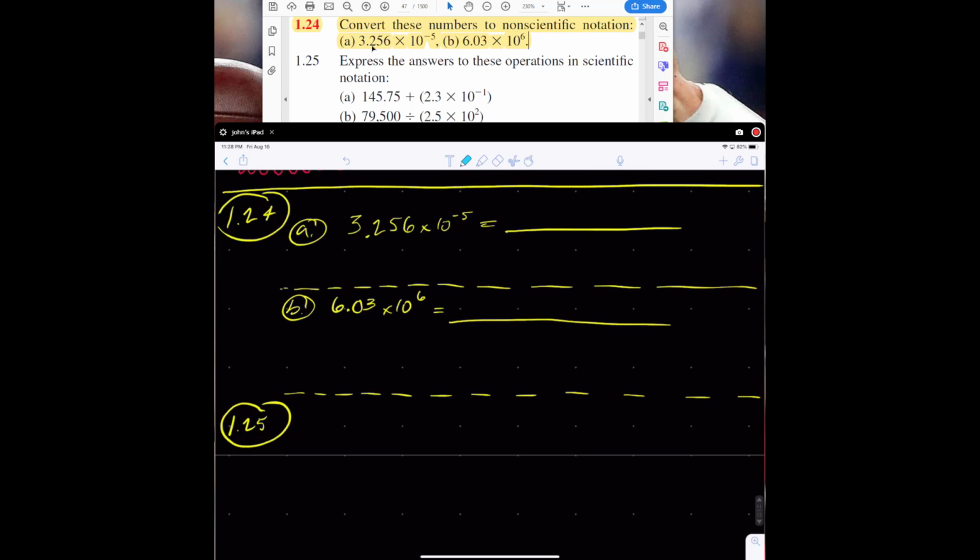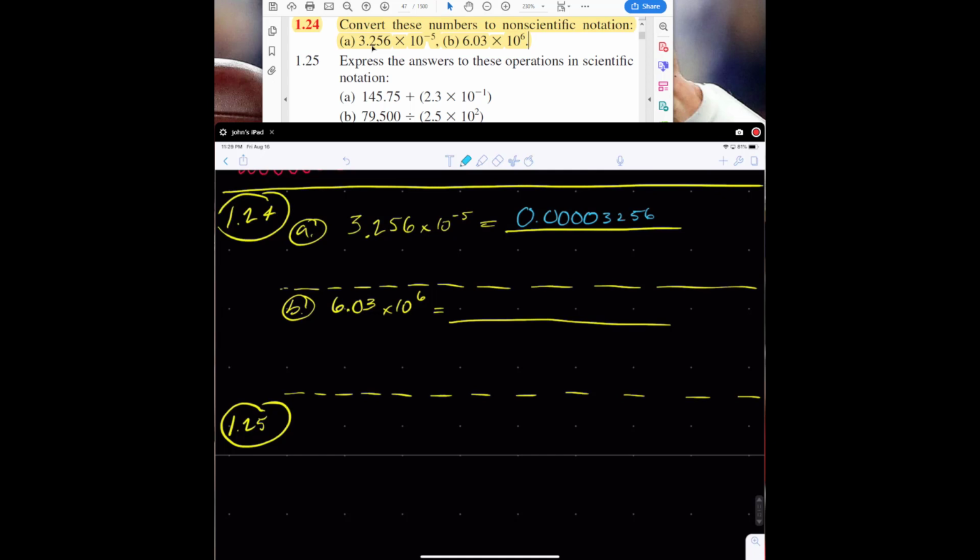Since our n exponent is -5, that means we can simply move the decimal place to the left of 3.256 by 5 spaces. In the end, we're going to be left with a number 0.4 zeros, 1, 2, 3, 4, then 3, 2, 5, 6. This is our number.